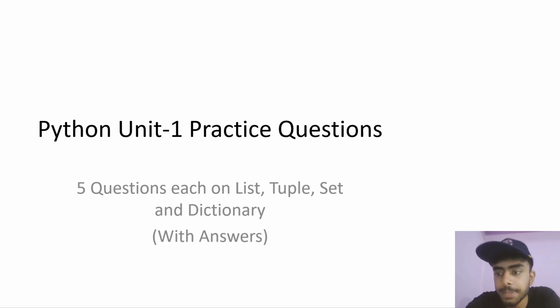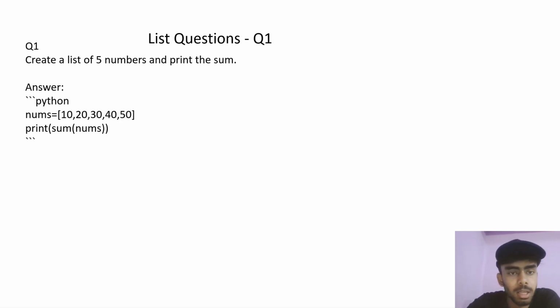This is our first question from list. Create a list of 5 numbers and print the sum. So in this question, you have to create a list of 5 numbers and print their sum. For that, store it in any variable, like here we are using variable name nums.